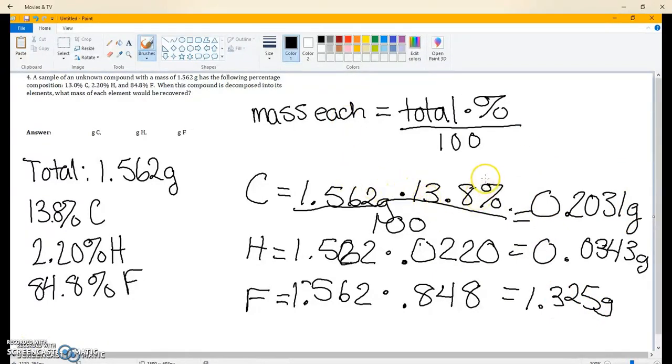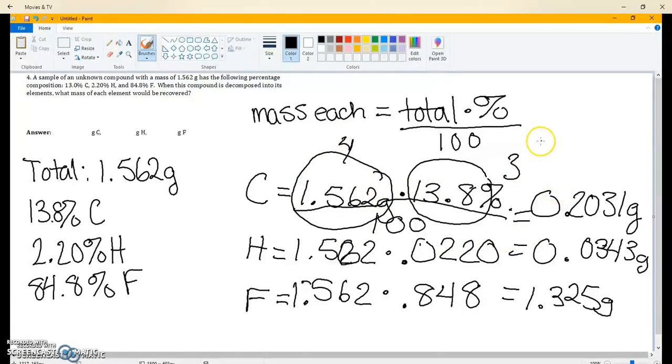If I notice, I have 3 significant figures in my percentage, and I have 4 significant figures in my mass. So I need to make sure I have 3 significant figures in my answer. So for carbon, I have 0.203 grams.